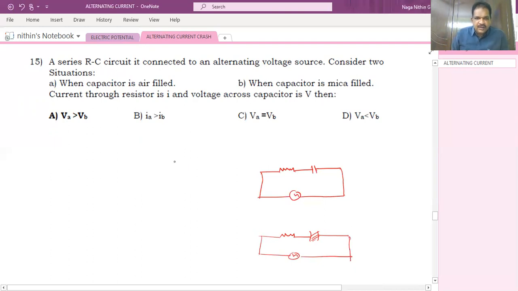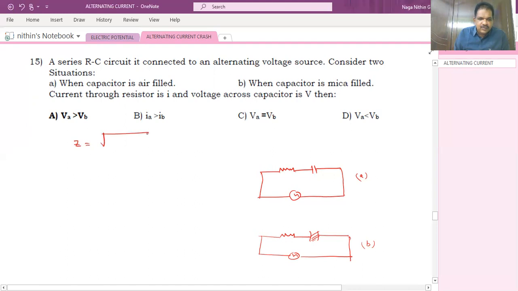Then what is the relation between the currents? This is case A, this is case B. Where current will be more, where voltage will be more, that is the question they are asking us. Okay. Now here, what is the impedance of the circuit?